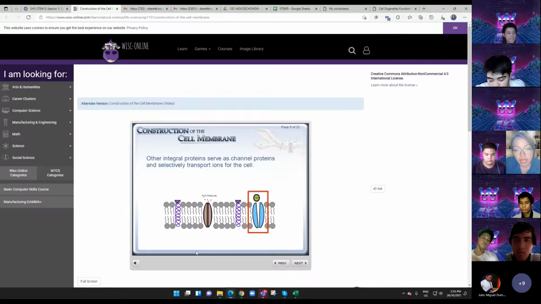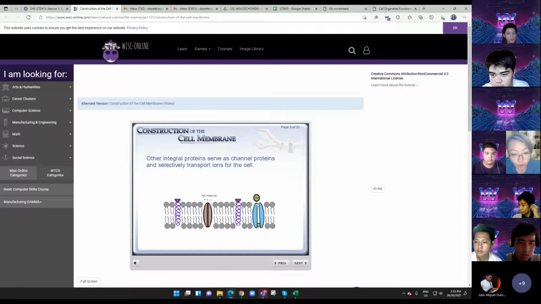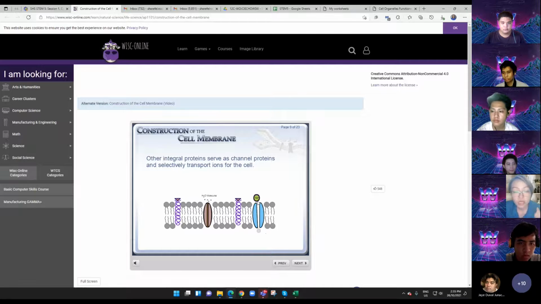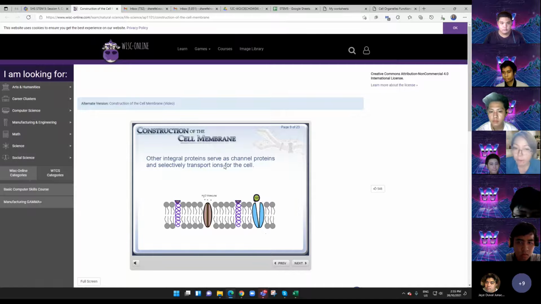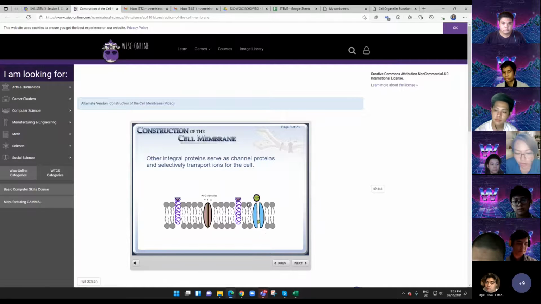Next, in the fluid mosaic model of the cell membrane, we also have the channel proteins that is for big molecules. What are these big molecules, class? Example is ions. Unsa man ang mga ions? The solutes. Example, salt, or sodium chloride, no? Kanang mga ions na to. Di ba?